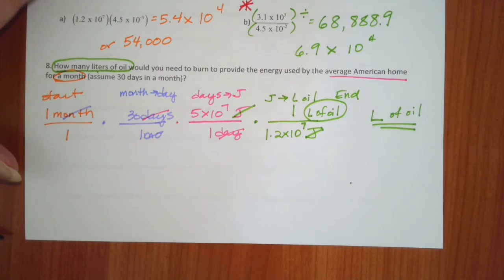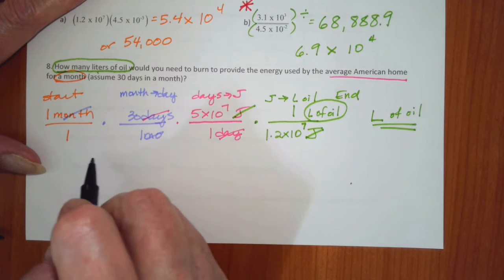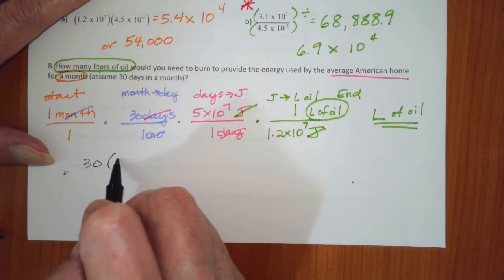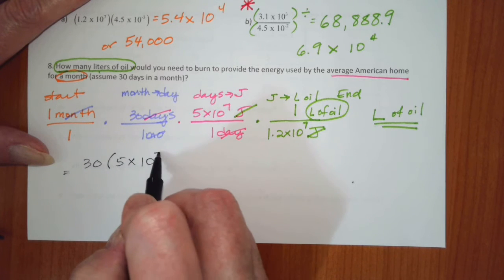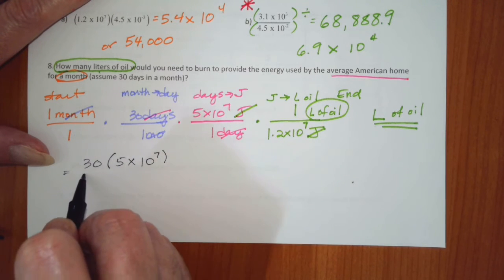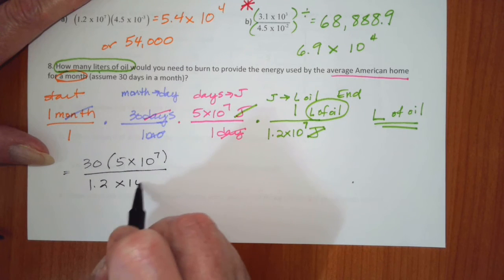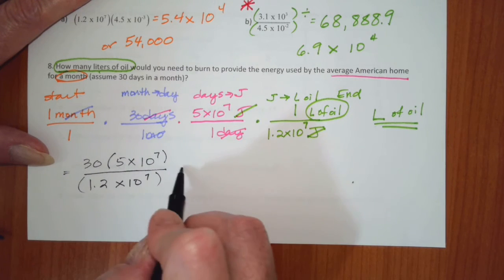So now I'm just going to do the math. Everything in the numerator, I have 30 times 5 times 10 to the 7th, divided by 1.2 times 10 to the 7th in the denominator.